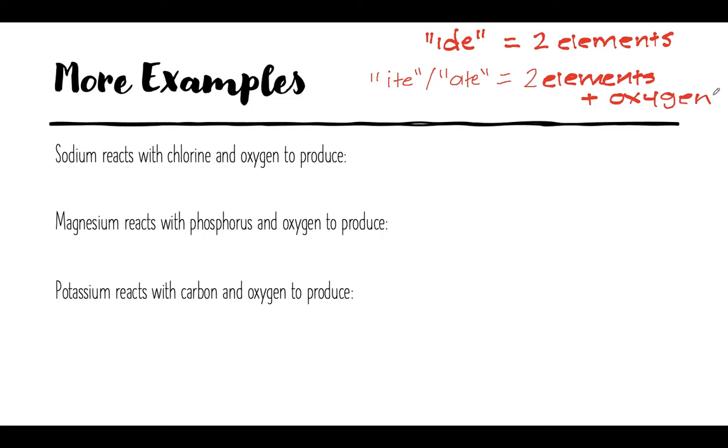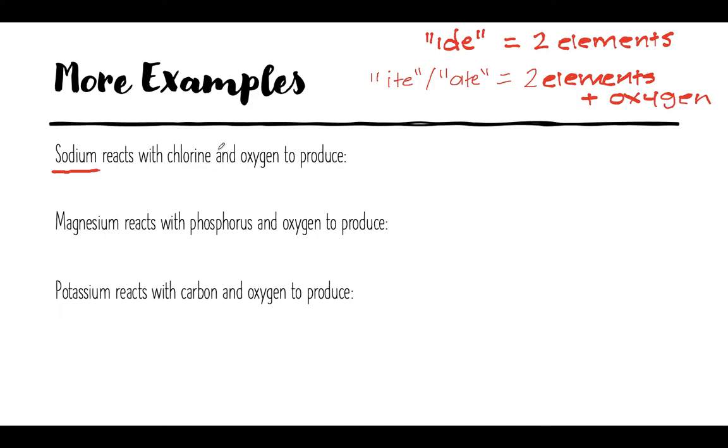So let's look at some more examples. And the first one we have is sodium reacts with chlorine and oxygen, and we are supposed to come up with the name of that compound. Now, as before, the name of our metal comes first. Our metal is sodium, and that will form the first part of the name, just like before. So it'll be sodium something. Now, we don't just have chlorine this time, we have chlorine and oxygen.